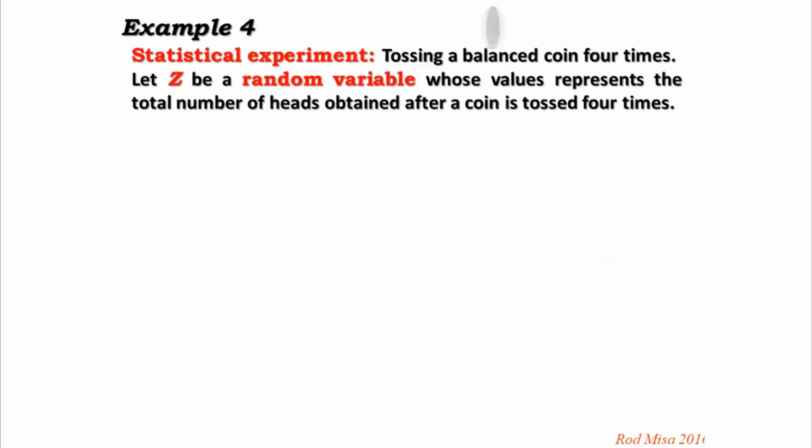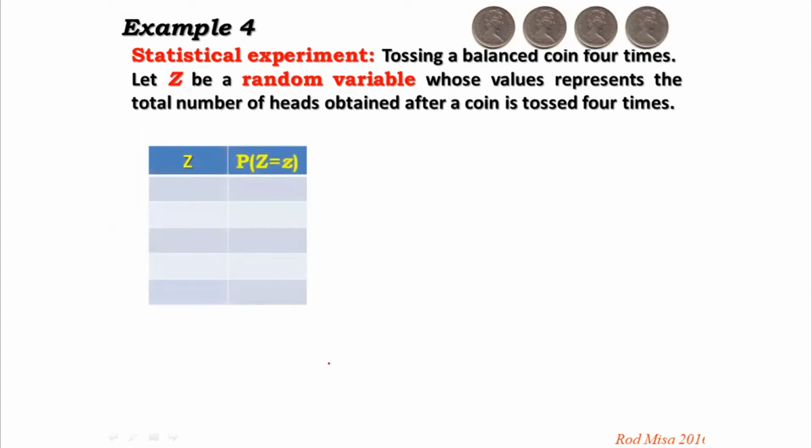Now, recalling our fourth example in this lecture, we have the statistical experiment of choosing a balanced coin 4 times, where Z is a random variable whose values represents the total number of heads obtained after a coin is tossed 4 times. Now, our probability distribution can be represented through a table, where in the first column are the values of our random variable Z from 0 to 4. And also the second column are its corresponding probabilities.